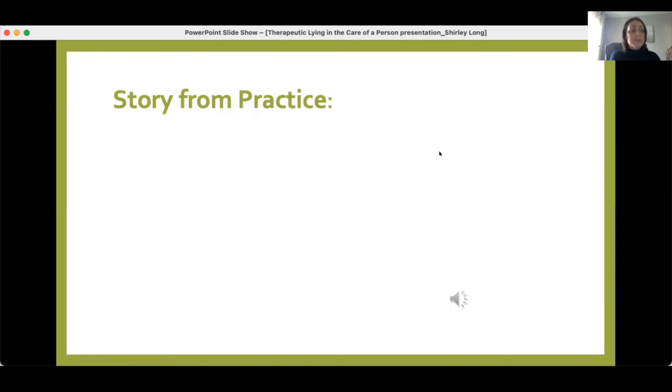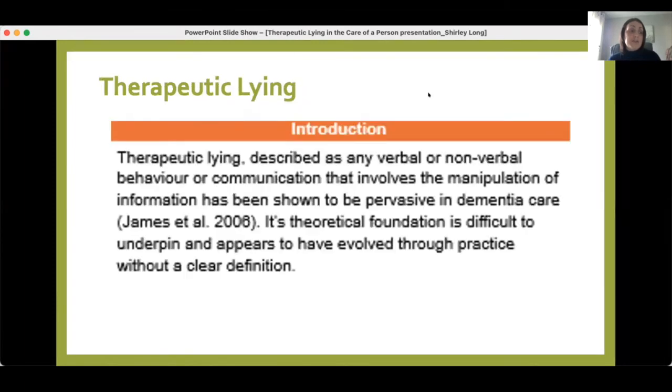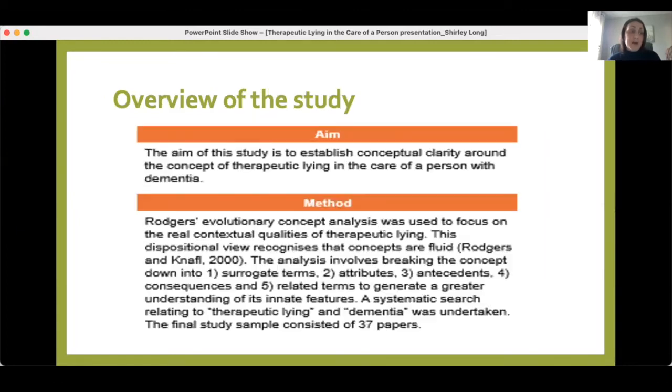There were both negative and positive consequences to therapeutic lying. The consequences are events or situations that result from the use of the concept. The positive consequences were increased quality of life and well-being, an increase in positive emotional responses, a decrease in levels of stress for the carer and the person, and a decrease in responsive behaviours.